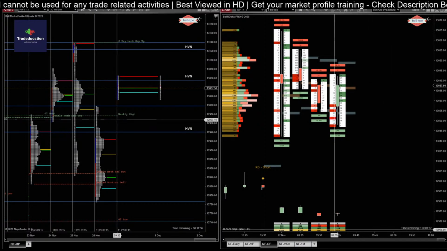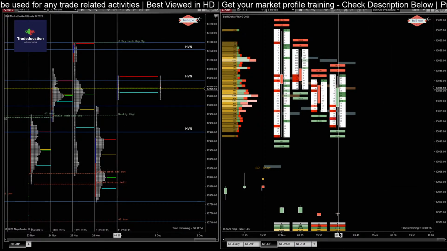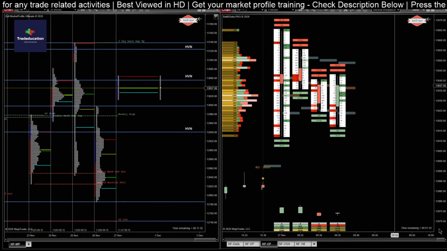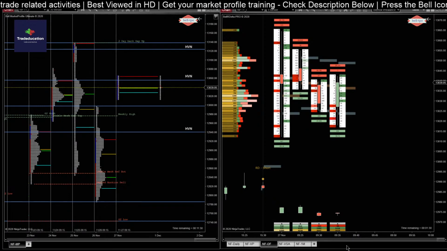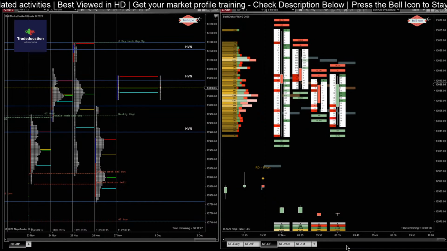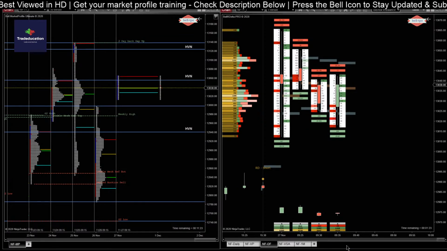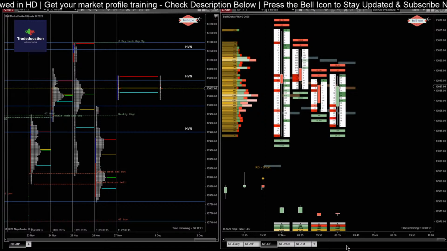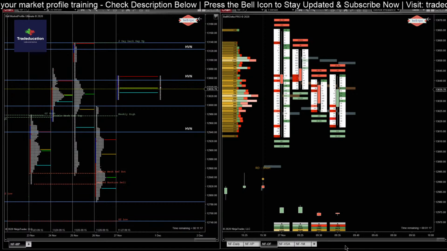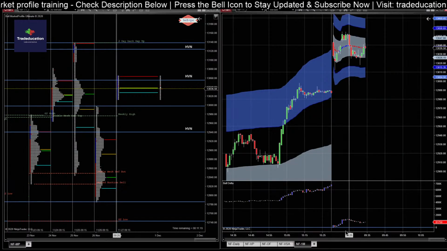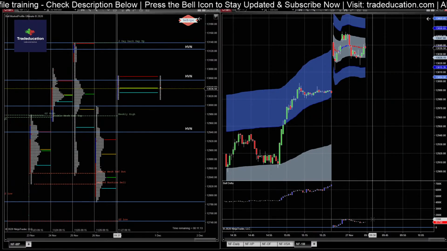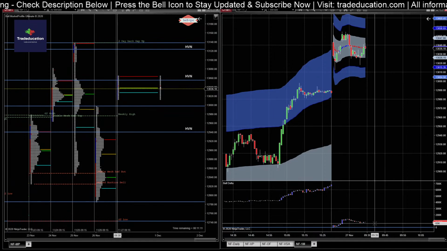Okay, so I'm expecting some good volume flow, but the volume is pretty less. We are just a minute to go before the current auction closes. Cumulative delta is just getting flat.